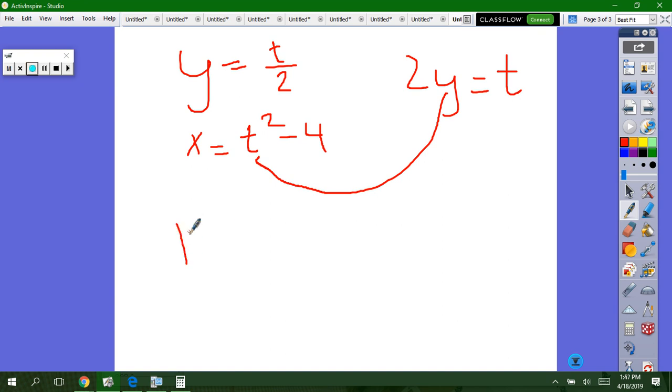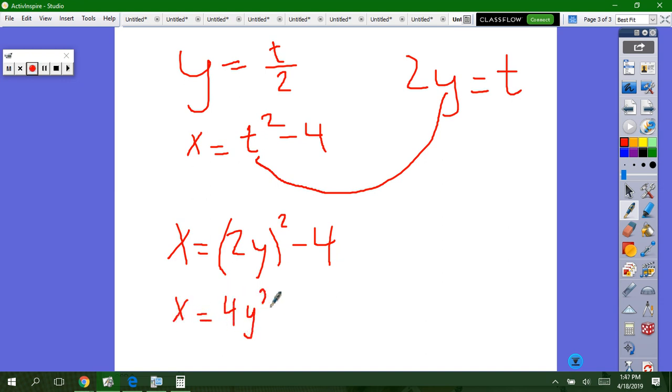So I have x equals 2y squared minus 4. All I did was substitute in. So therefore x equals 4y squared minus 4.